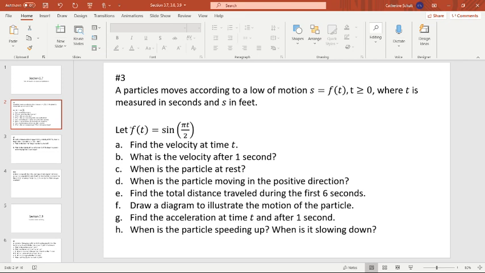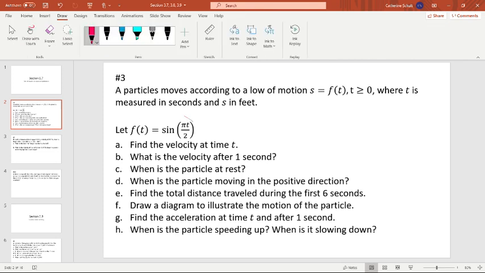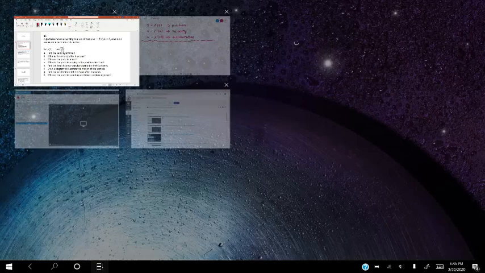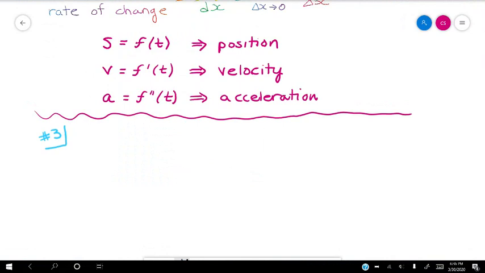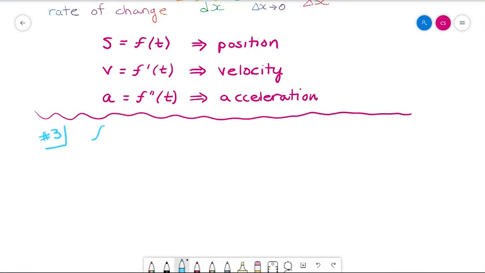They say what the function is: sine of pi t divided by 2. Look at all we have to find. First, we're going to find the velocity. Let's start there because there's a ton of things to do. Part A. Let me write down our position function.